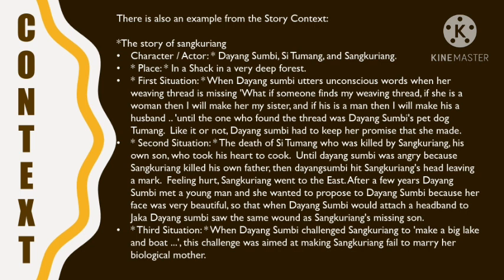Second situation: the death of Si Tumang, who was killed by Sangkuriang, his own son, who took his heart to cook, until Dayang Sumbi was angry because Sangkuriang killed his own father. Then Dayang Sumbi hit Sangkuriang on the head, leaving a mark.